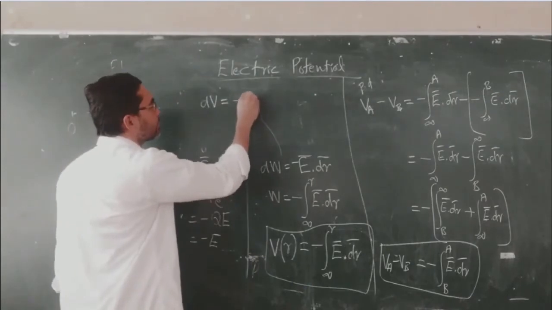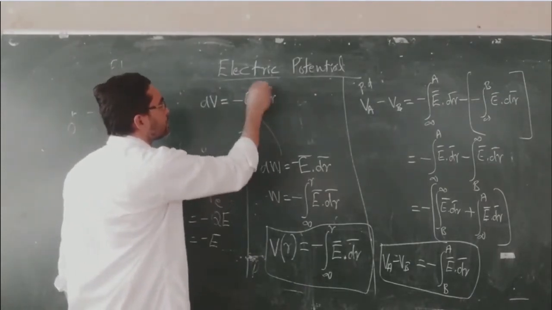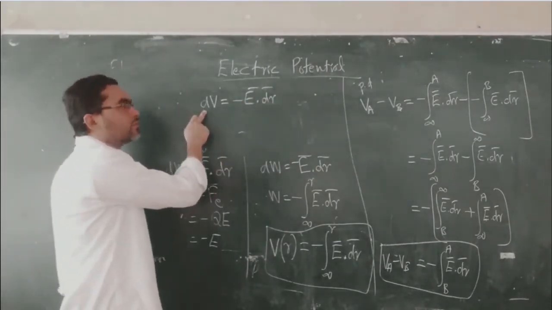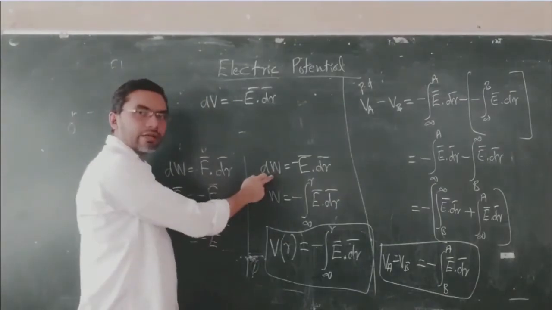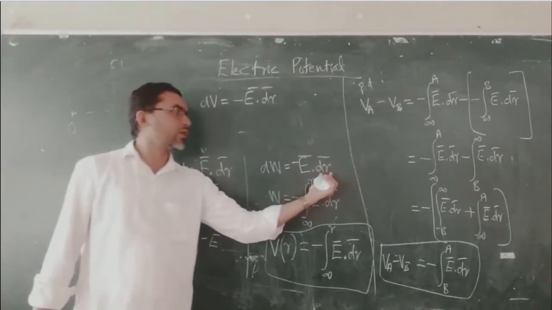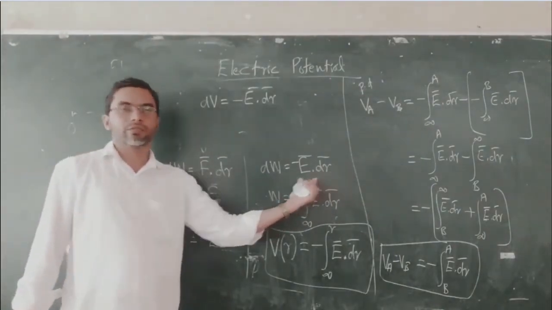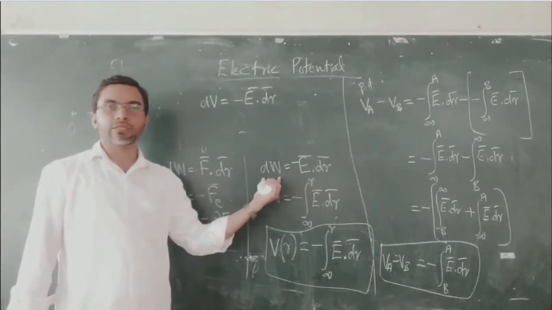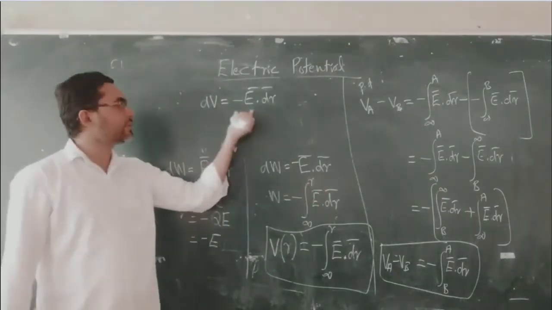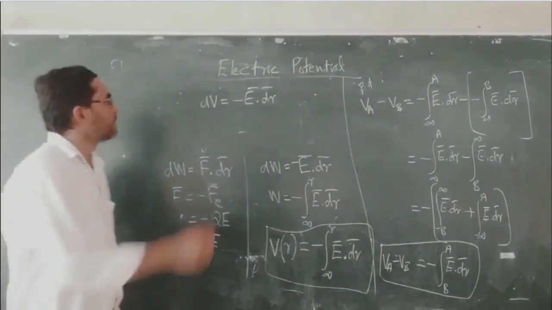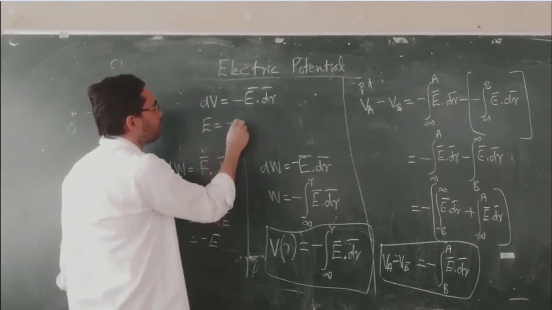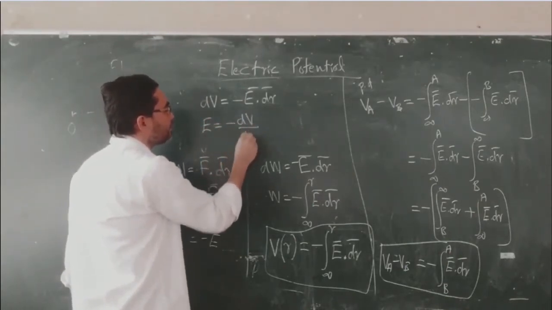It will be equal to minus E dot dr, because dW is the amount of work done to move a unit positive charge across a small distance dr. It is equal to the potential difference between those 2 points across the ends of the element dr. So dV is equal to minus E dot dr, or we can say from here E will be equal to minus dV by dr.